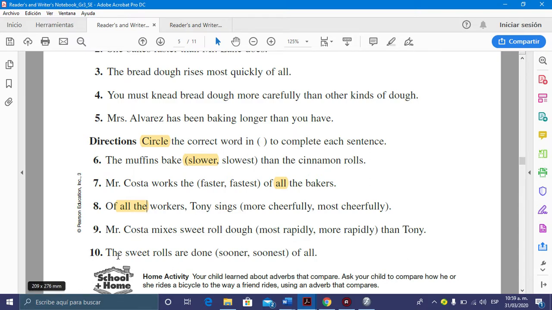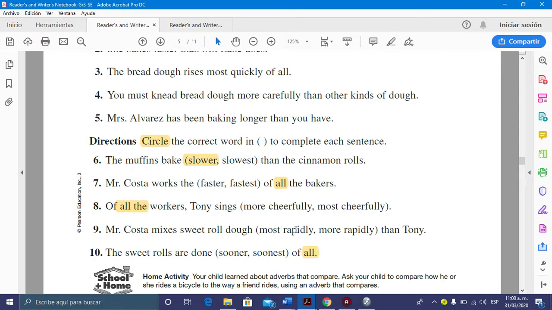Number 10, the sweet rolls are done of all. We are comparing more than two things. So we have to use superlative. What is the answer? You have to choose the answer in superlative.